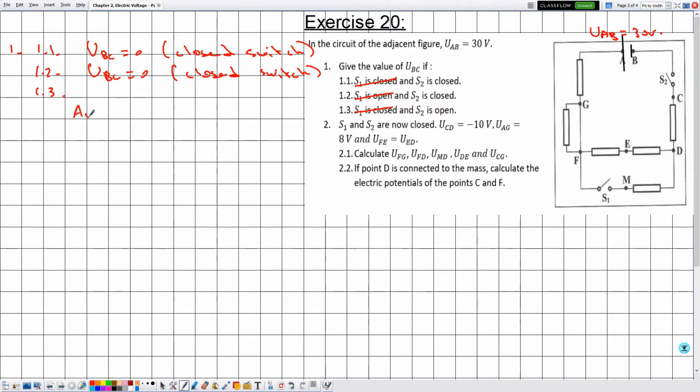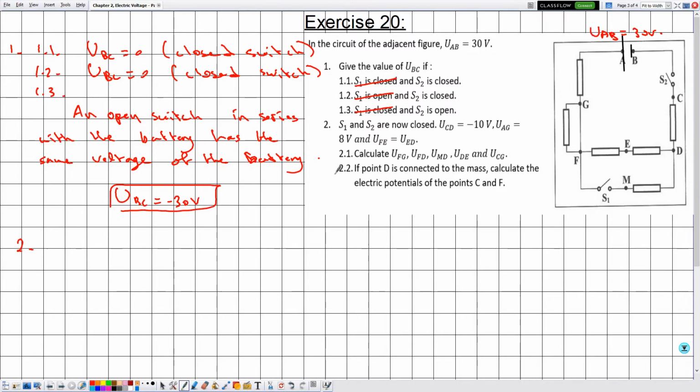So let's say an open switch in series with the battery has the same voltage of the battery. In this case, UBC is equal to minus 12 volts, sorry, minus 30 volts.